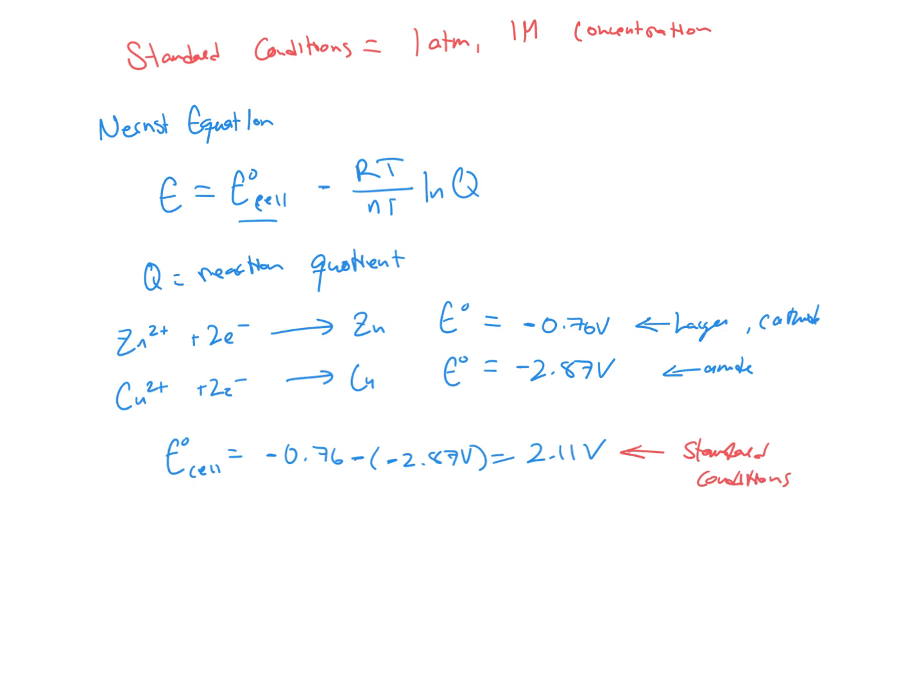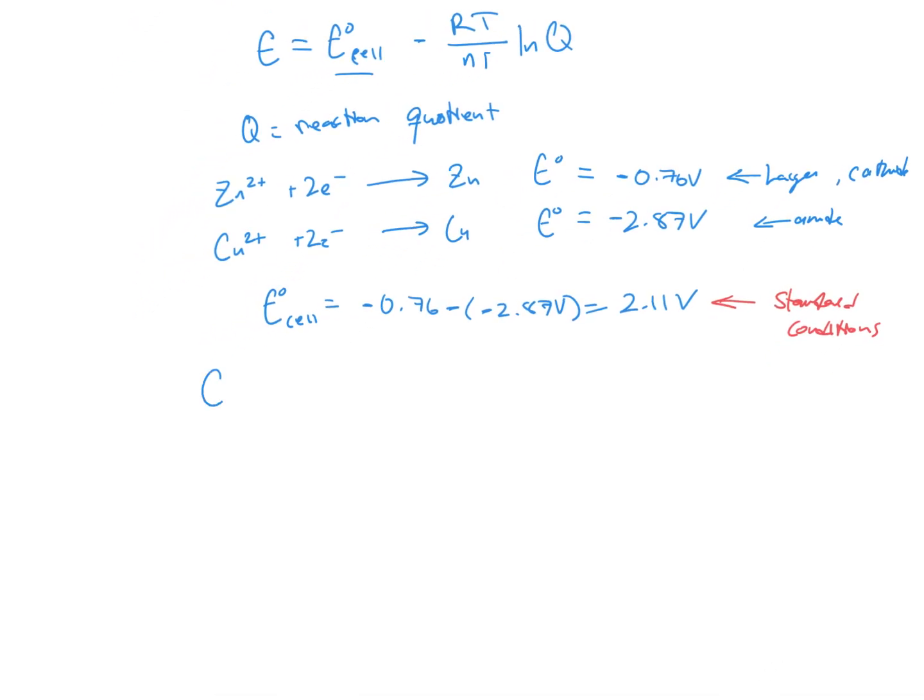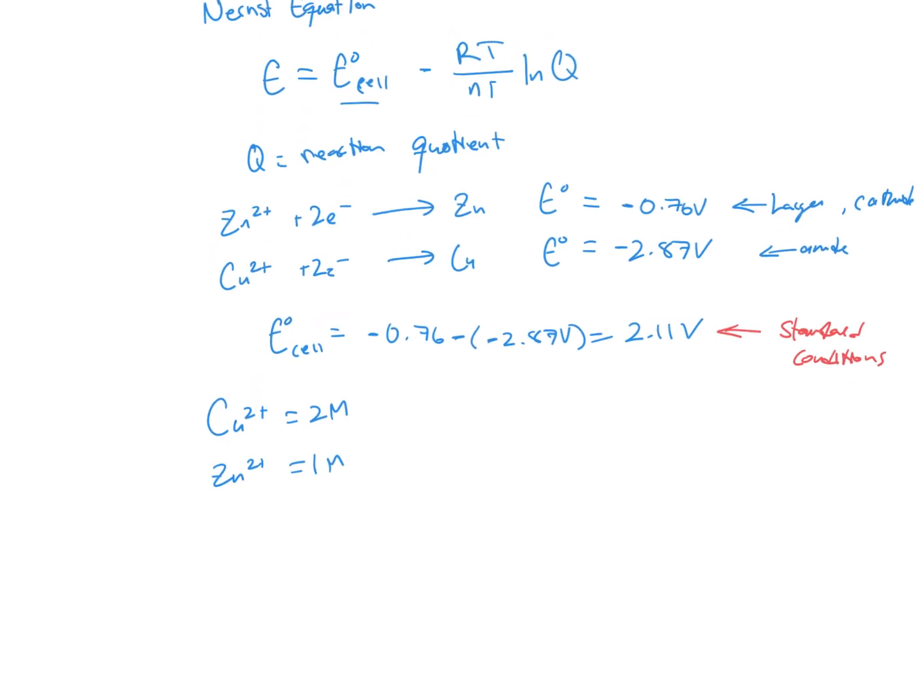So if I have a 1 molar concentration, I would stop right there. But let's assume that we are not at standard conditions. In other words, let's say that the concentration of Cu2+ is 2 molar and the concentration of Zn2+ is 1 molar, right? So I've doubled the concentration of just one of them. We would use the Nernst equation.